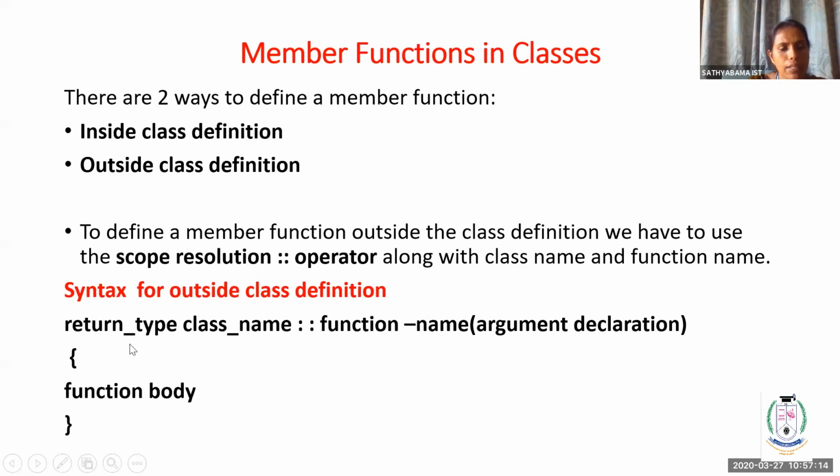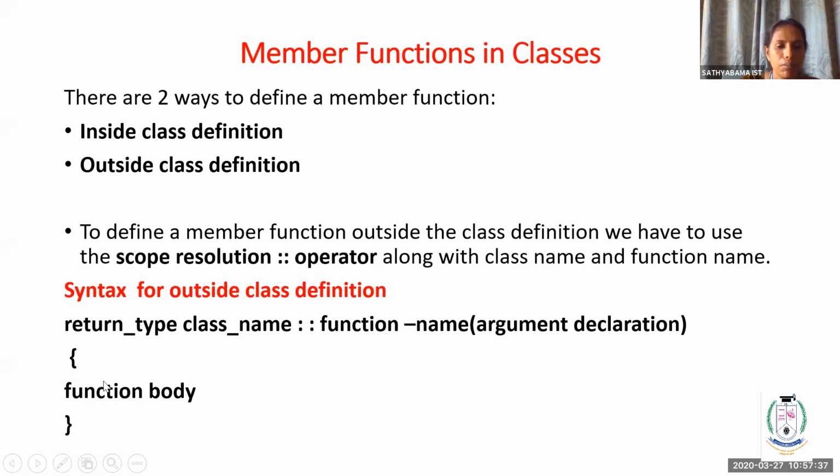The specific format is you have to specify the return type, the class name, the scope resolution operator, and the function name. If you have an argument, you can pass the argument, so this is optional. Start your function body using the opening brace.